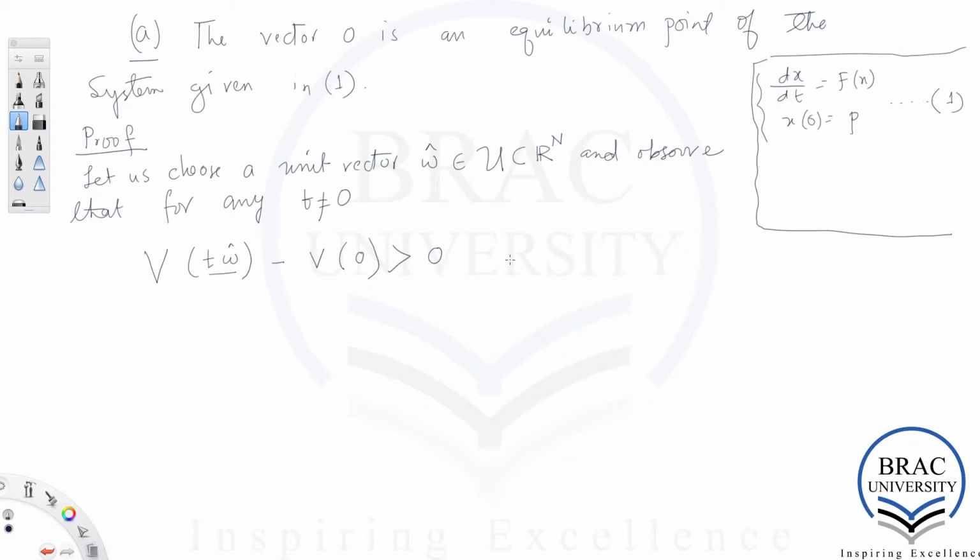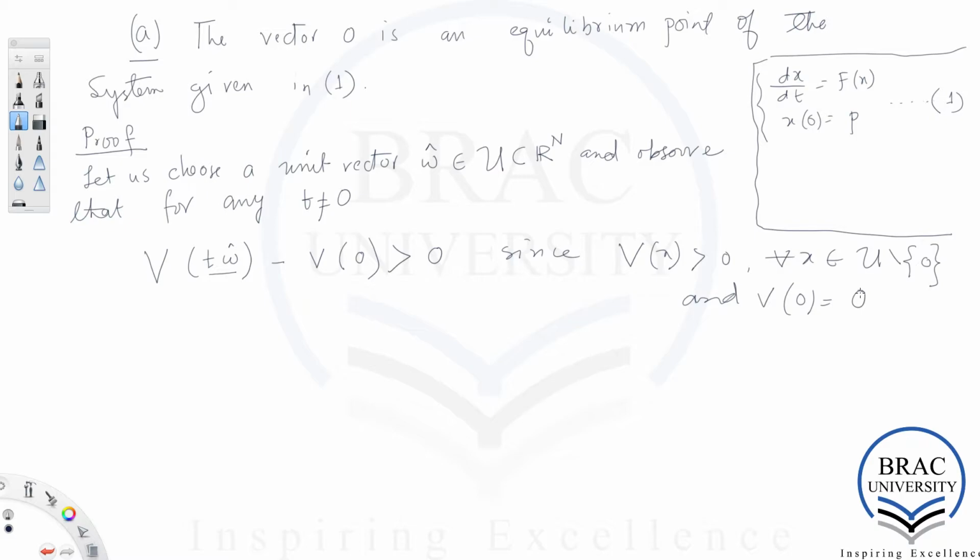Why is it so? Because we already know from the hypothesis of the statement that V(x) is strictly positive for all x in U minus the origin, and V at the origin is just 0.